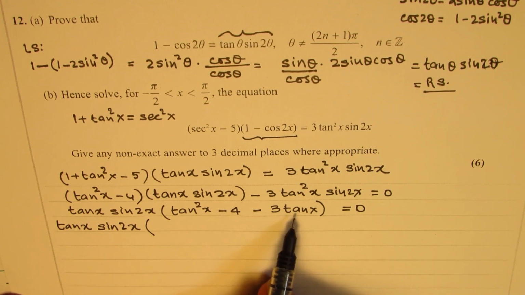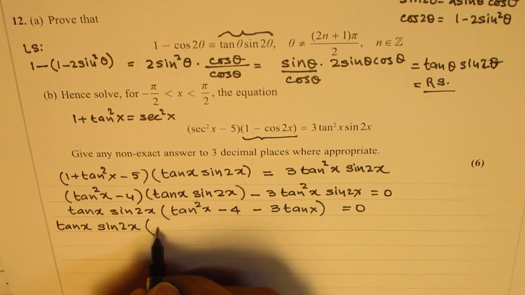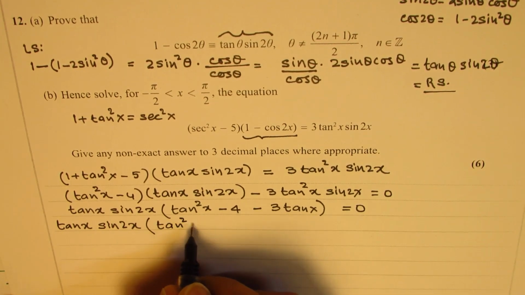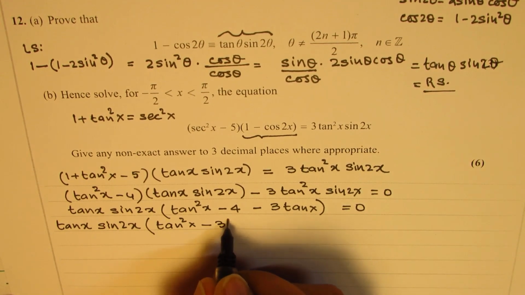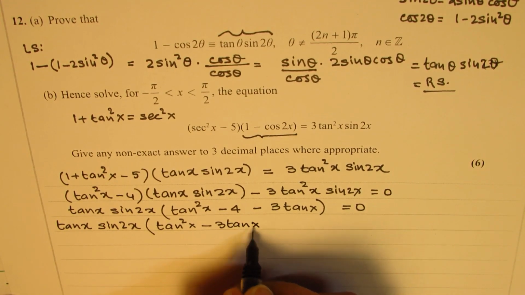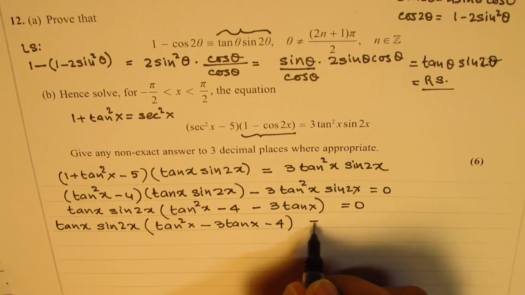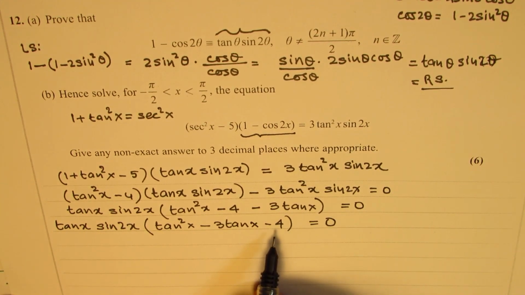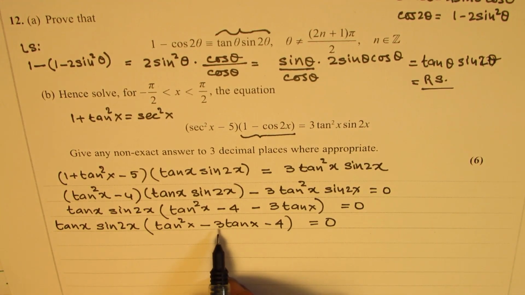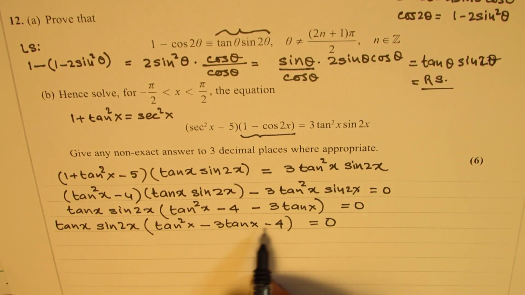Now that is a quadratic equation, which let me rewrite. Tan square x minus 3 tan x minus 4 equals to 0. We need product of minus 4 and sum of minus 3. So that means 4 times 1, right? So we could factor this. 4 times 1 can work for us.